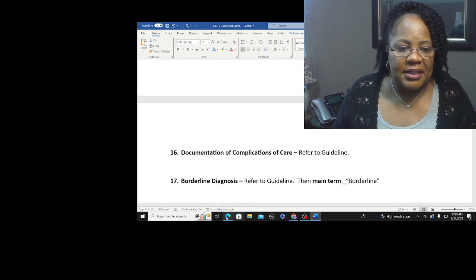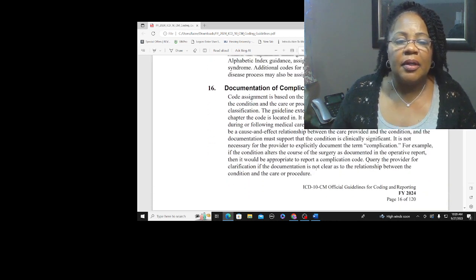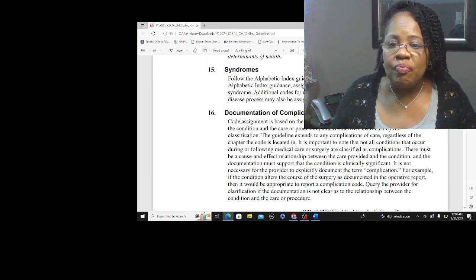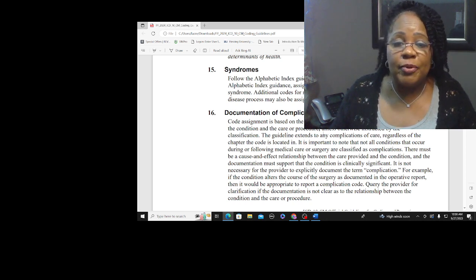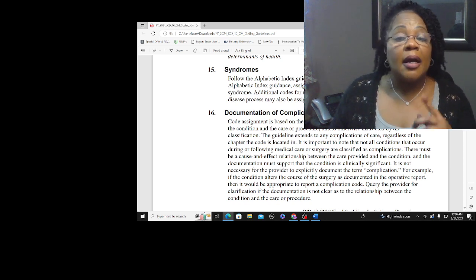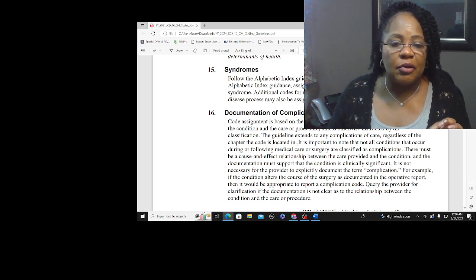All right, we're at 16. Documentation of complications of care. Now, code assignment is based on the provider's documentation of the relationship between the condition and the care or procedure unless otherwise instructed by the classification. The guideline extends to any complications of care, regardless of the chapter the code is located in.